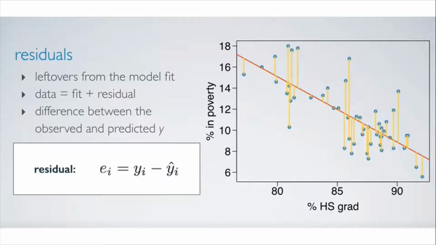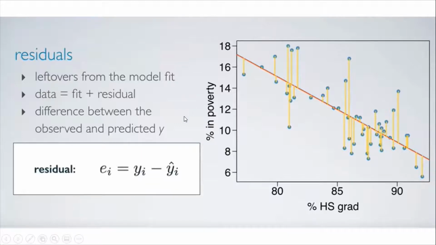But the idea is, when you put a hat on the response variable, it becomes the predicted value, or the estimated value. We got the observed, which comes from our sample data, and the predicted, and we subtract them and get the error, or the residual.